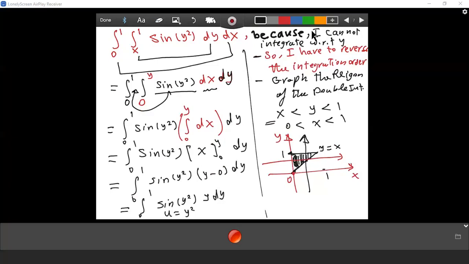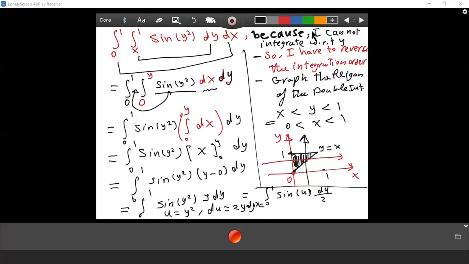So du will equal 2y dy, okay? And you will have the integration from 0 to 1. Instead of this one, you have sine u, okay? And instead of y dy, you have du over 2. Now, remember, this is the value of y. This is not the value of u, right? Once you finish, get back to this.